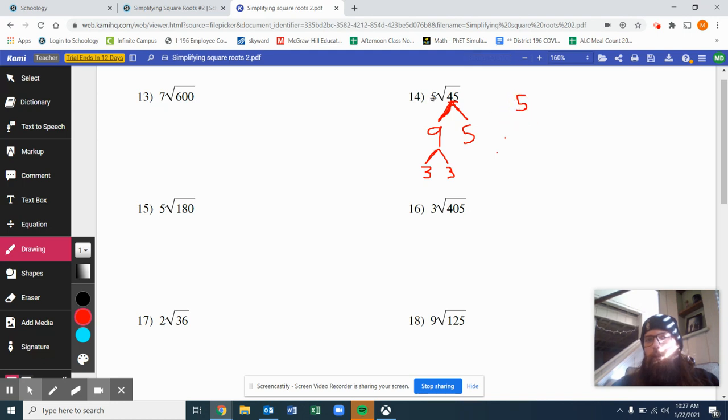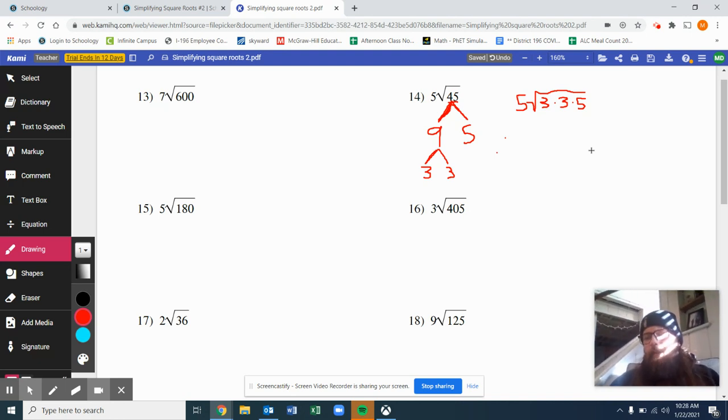This 5 is right here. Then I have a square root symbol, and instead of a 45, I'm going to write 3 times 3 times 5. Because 3 times 3 times 5 is 45 if you multiply it all out.